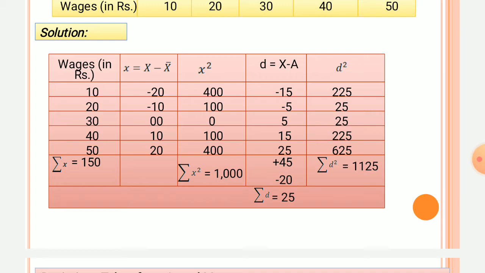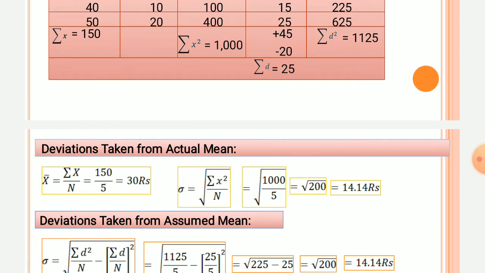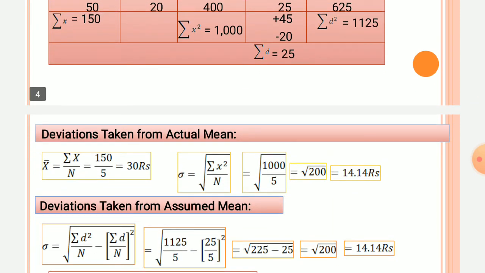So therefore the formula to calculate standard deviation when we are using the actual mean: sigma is equal to root of sigma x square by n, which is sigma 1000 divided by 5, which is root of 200, which is equal to 14.14 rupees.